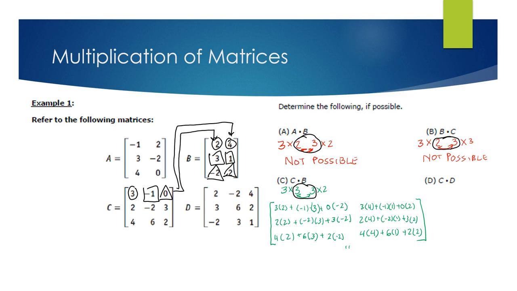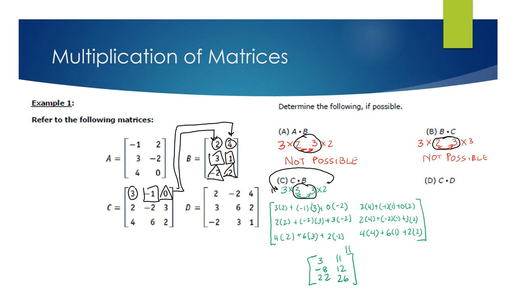In the second column, you're going to have 3 times 4 plus negative 1 times 1 plus 0 times 2, and so forth all the way down. I know this should end up being a 3 by 2 matrix because that's what the outer dimensions are. And I would carry through the same kind of procedure again and again, and I would end up with this product here.